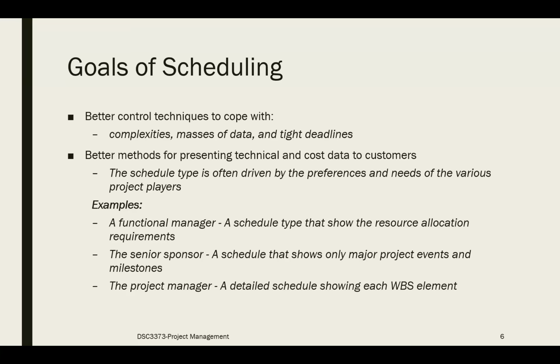Because the manager has to monitor and control each of the work breakdown structure elements and see how it is progressing. So you can see that different parties will need different types of data, and for that they will need different types of schedules which will give them the required information.